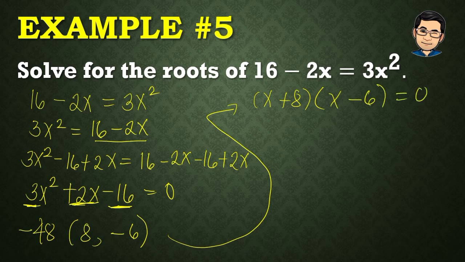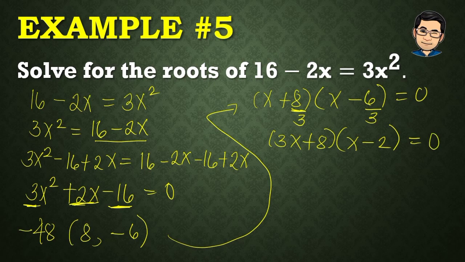So, and then, ang numerical coefficient natin is 3. So, kailangan natin i-divide itong mga constant na to by 3. So, 8 divided by 3 cannot be. So, isusulat natin yung 3 sa tabi ng x. So, magiging 3x plus 8. Tapos, 6 divided by 3, 2. Magiging x minus 2 equals 0.